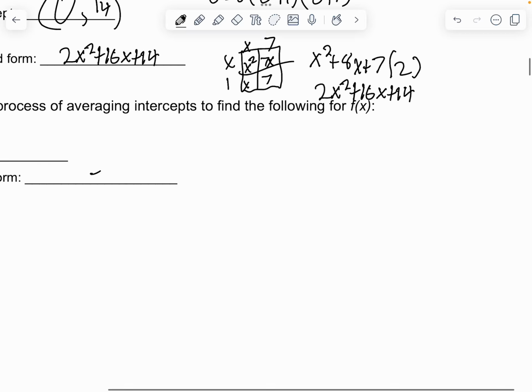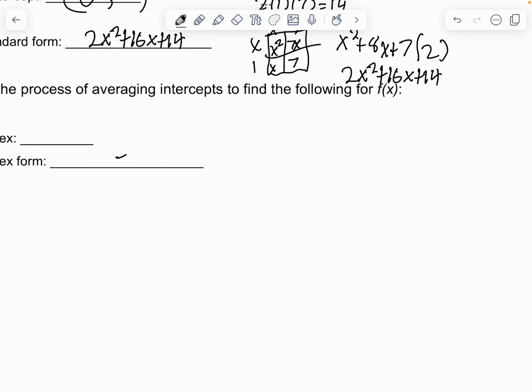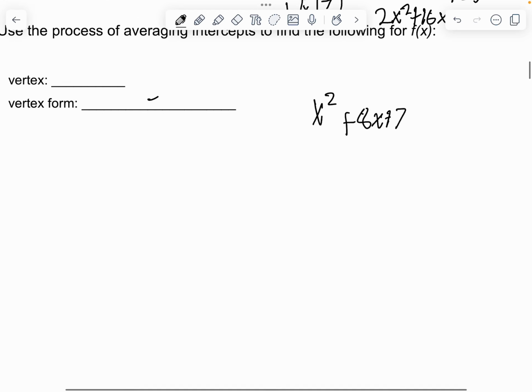So what we're gonna do is we're gonna divide the standard form by 2. So you get x squared plus 8x plus 7. Now we can factor it.